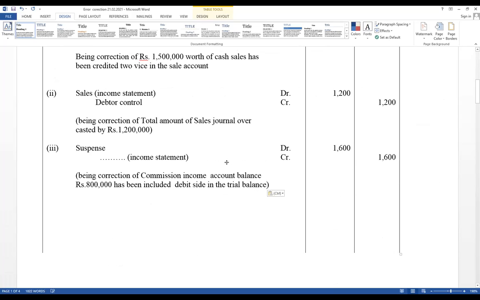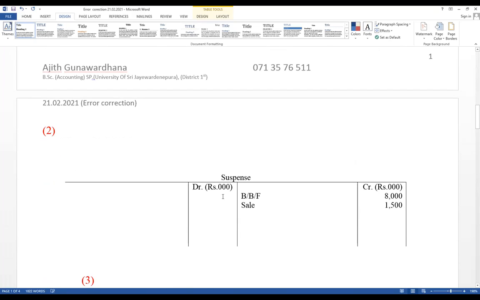Now it affects the suspense account debit side. Therefore the suspense account should be recorded on the debit side, 1600, with a description dotted line. So the suspense account also, they ask for the debit side, 1600, here description dotted line.